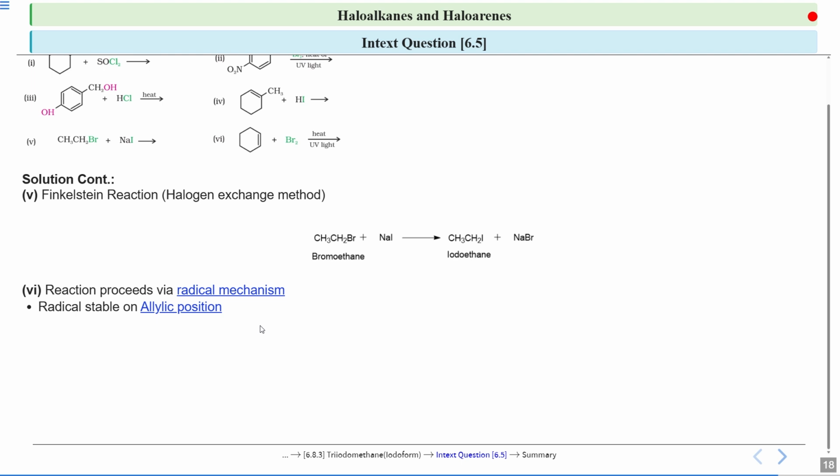So if you have this cyclohexene ring, an alkene, it is reacting with the bromine molecule in the presence of UV light. This reaction is happening via a radical mechanism. You will get bromine radicals and this bromine radical will be stable on the allylic position of the alkene.